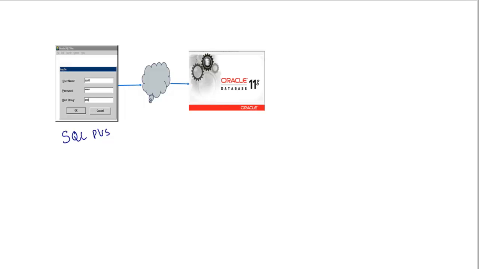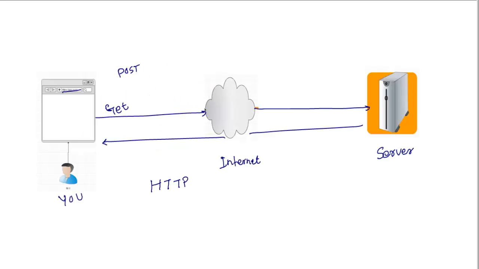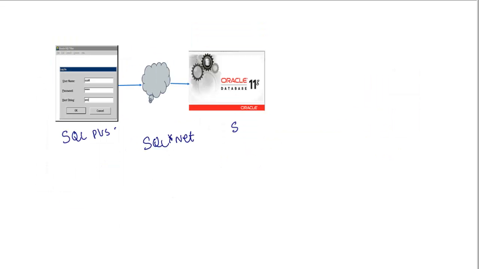Again, communication is happening between the client and the server, and the protocol here is no more HTTP or RDP. It is something else called SQL*Net or the Oracle NCA protocol. Essentially my point is that whenever a client is communicating with a server, it follows a protocol, which is HTTP here, RDP here, and SQL*Net here.